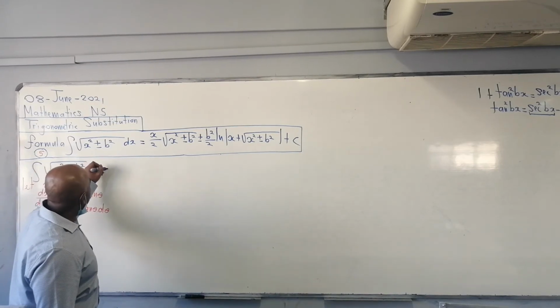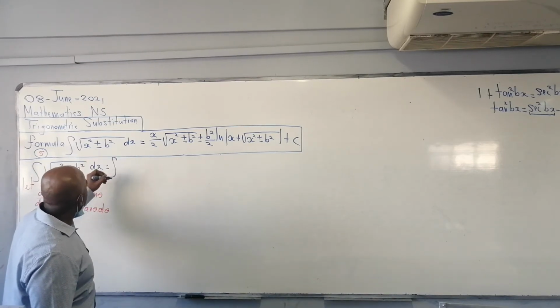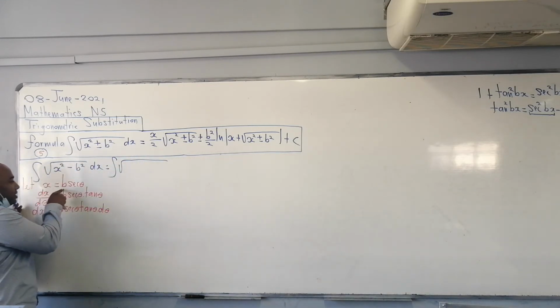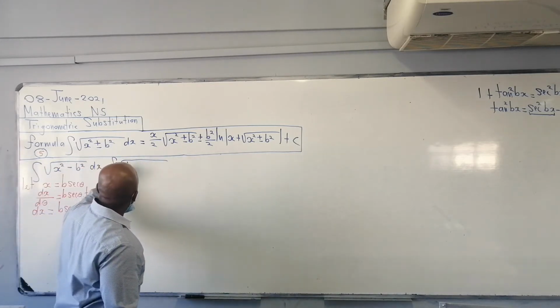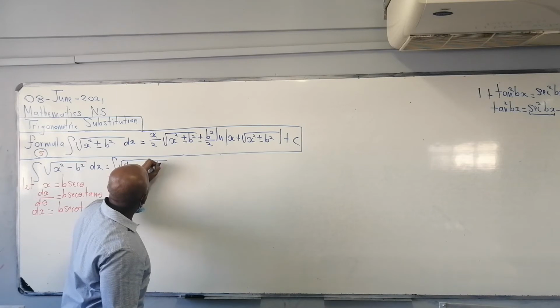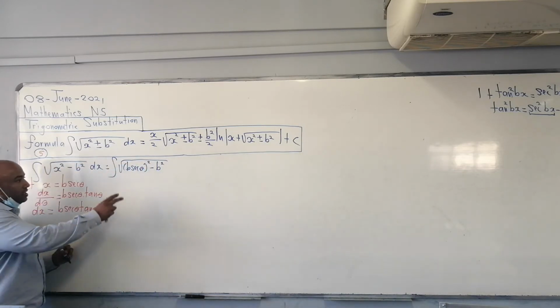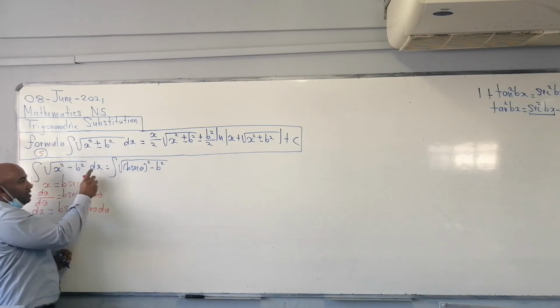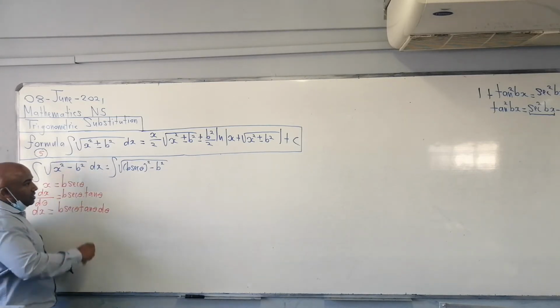Alright, so let's do the substitution. So this is going to equal the integral of the square root of x squared minus b squared. There's my x here, which is b sec theta. So there's my b sec theta all squared minus b squared, and there's dx here.